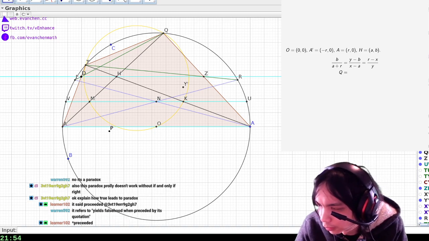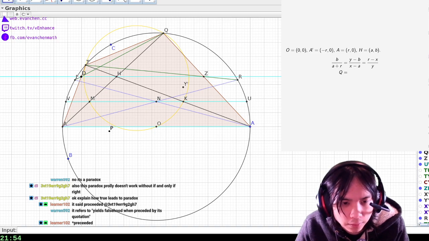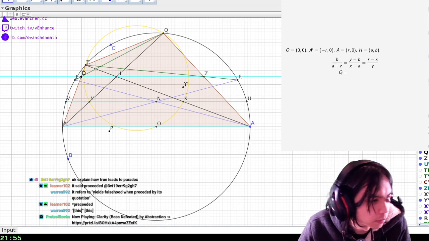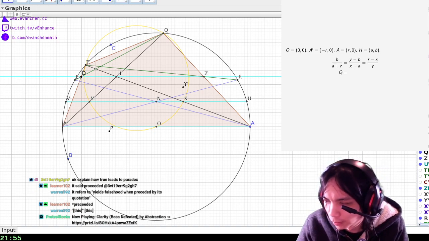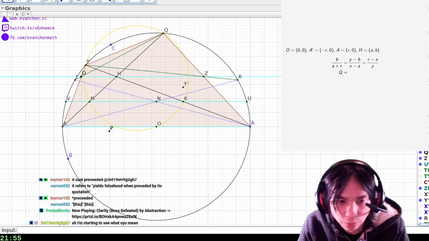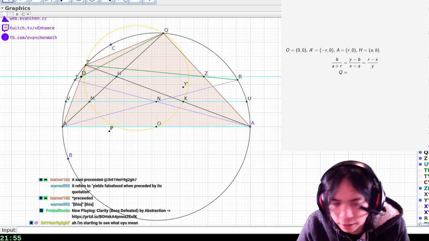We'll just solve it directly. So x is equal to b over a plus r times y minus r.